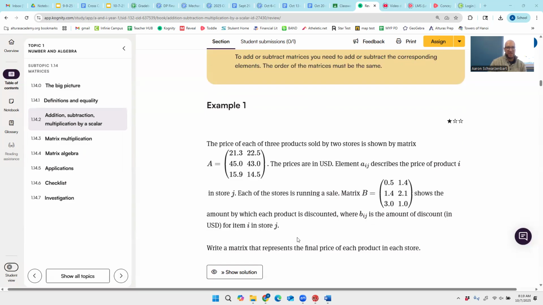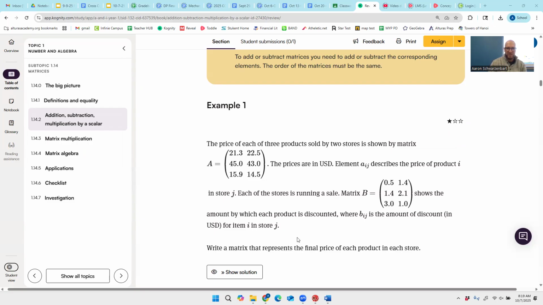So the matrix for the final price: A describes the price of product I in store J. Each of the stores is running a sale. Matrix B shows the amount each product is discounted.